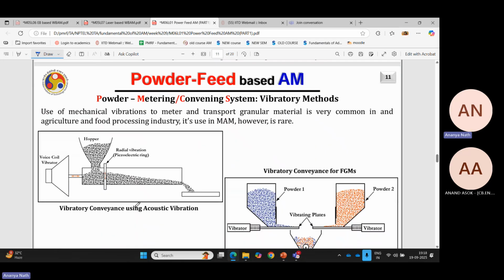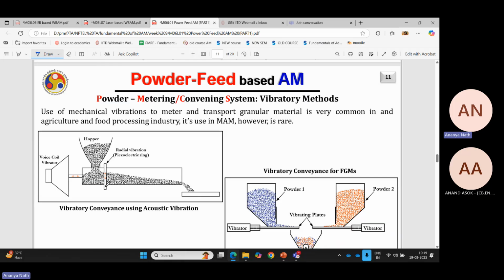Next, it can be a piezoelectric ring. This is a material called piezoelectric material. Piezoelectric material is nothing but a material that vibrates upon giving some voltage. It's kind of an electrical to mechanical energy converter. There are types of material where if you supply voltage into it, they contract or they expand.